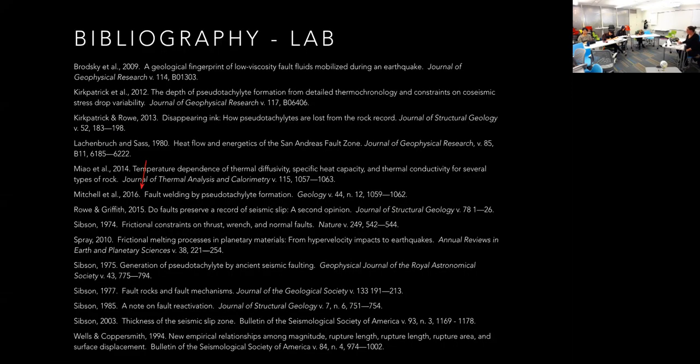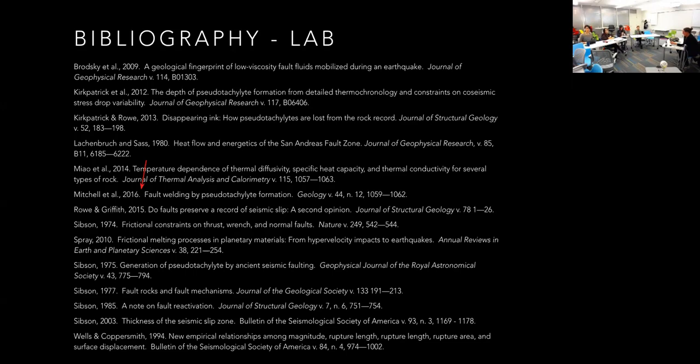Yeah, so here's a really long list of papers, all of which are cited in the problem set. I think some of these I direct you explicitly to use. So that would be Nowell et al. 2014, which gives you the temperature dependence of the rock properties. It would be Simpson 74, which will help you calculate the normal stress in the fault.